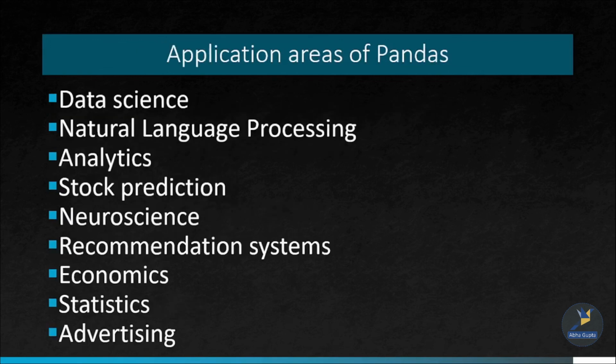Now the application areas of Pandas: it is used in stock prediction, it is used in advertising, like we have various channels available, so there we can use it as a recommendation system. It is used in natural language processing, which requires storing and analyzing of data. It is definitely used in data science and big data.